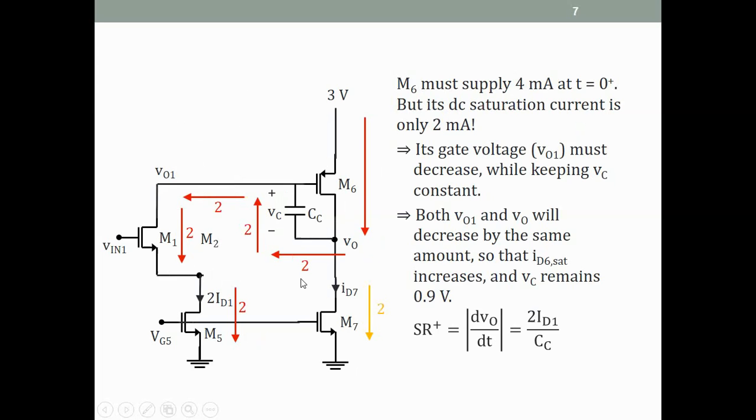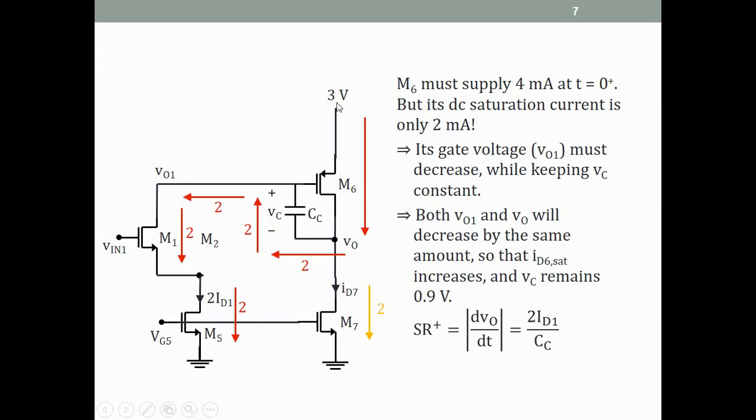So what this means is that M6 must supply 4 milliamps of current, because 2 milliamps goes this way and 2 milliamps goes that way. But the saturation current of M6 was 2 milliamps. The only way the saturation current in M6 can increase is if VO1 becomes lower.